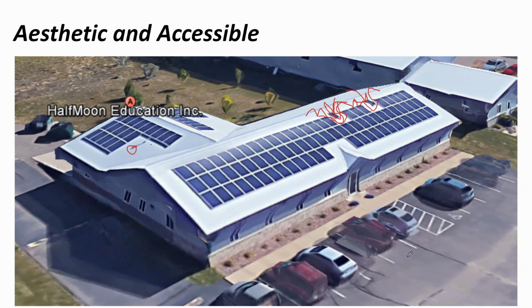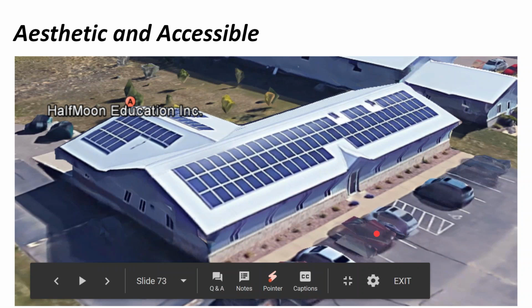And so what we've incorporated into our design, and Half Moon, what they ended up doing was actually removing the skylights, and then we put more solar panels there, and it was probably for the best that we did that. But even walking around on a shingle roof can be bad for the roof.